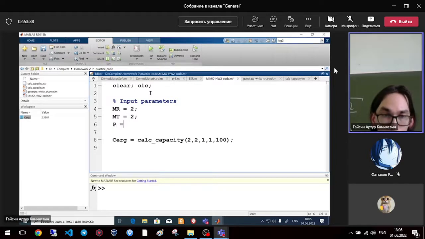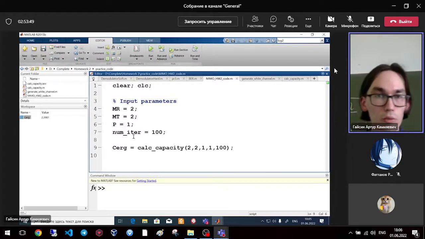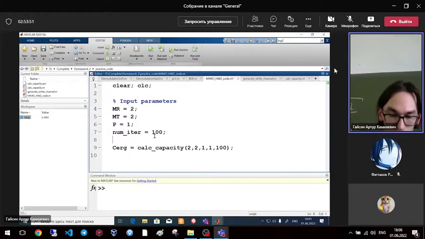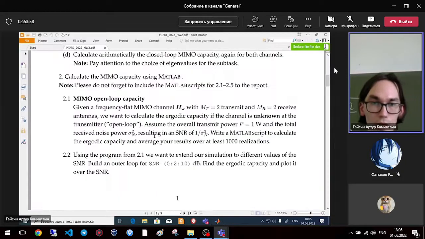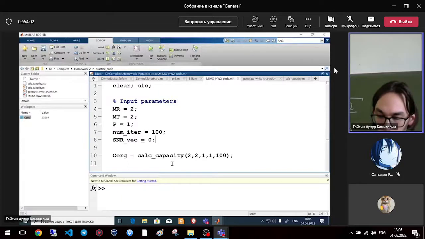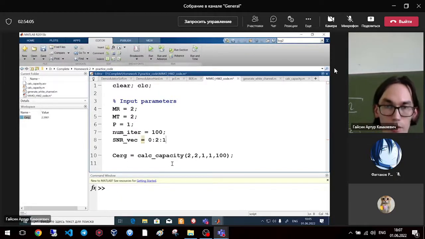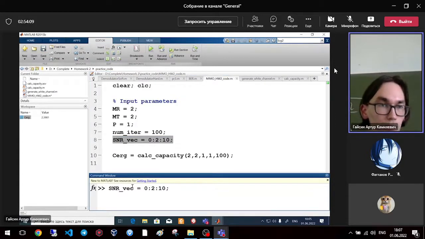Then we have the power and the number of iterations. We have, for example, 100. So next, we create the signal to noise ratio vector, which is equal to, for us, it is from 0 to 10 with step, let me check.